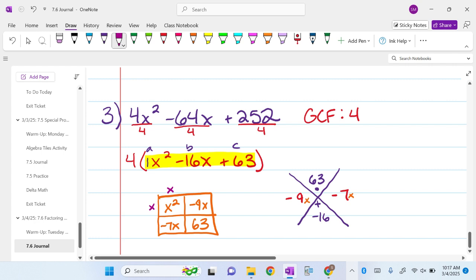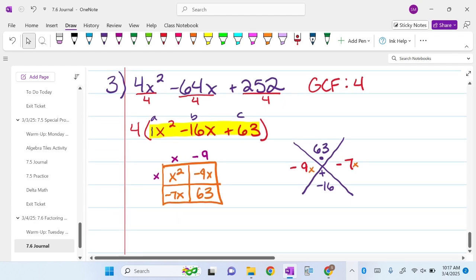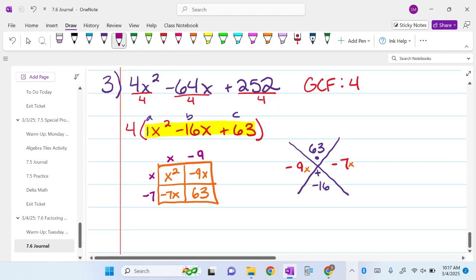So that's always a good place to start. Now, what times x gives us negative 9x? Negative 9, so we're going to put a minus 9 up here. What times x gives us negative 7x? Negative 7. And then to check ourselves, negative 7 times negative 9 is positive 63. So we know we did the correct thing.